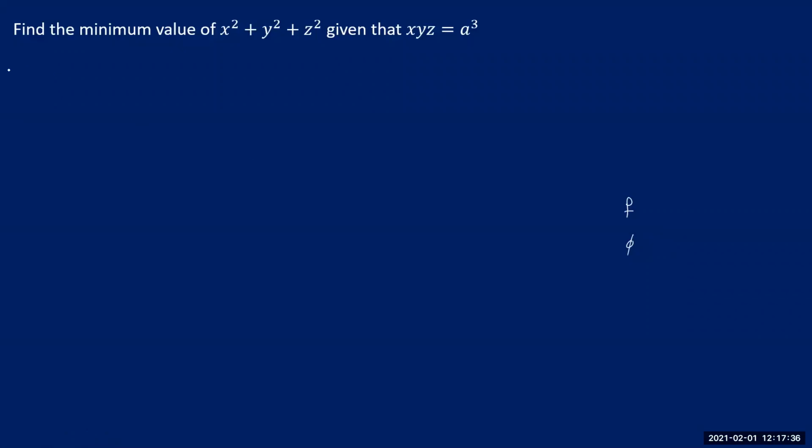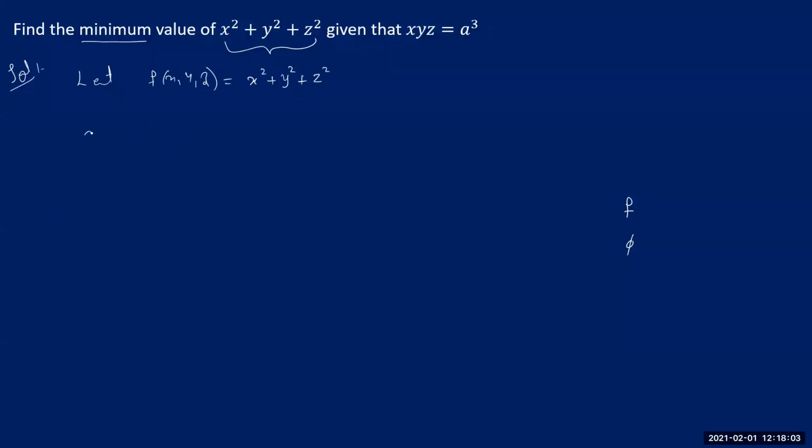Now, which is the function to be extremized here? For example, here it is asked to minimize. So which function are you trying to minimize? Let us take that as f, and here it is x square plus y square plus z square. Let f of xyz be equal to x square plus y square plus z square.